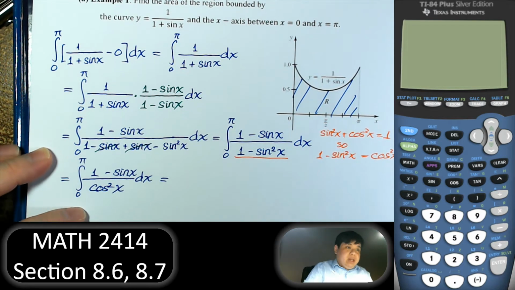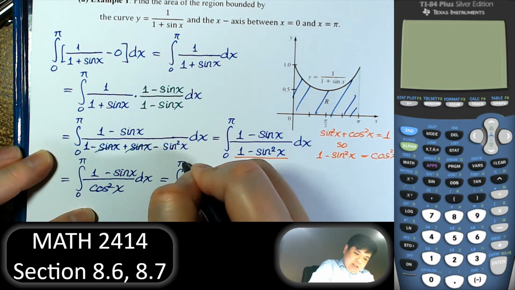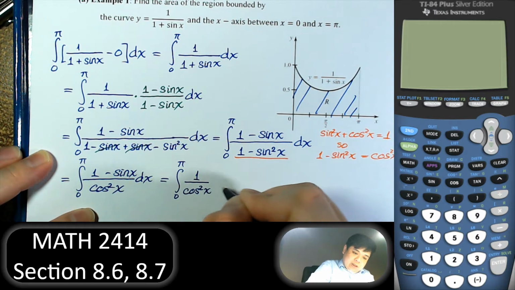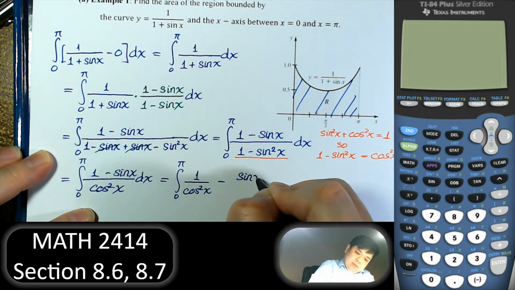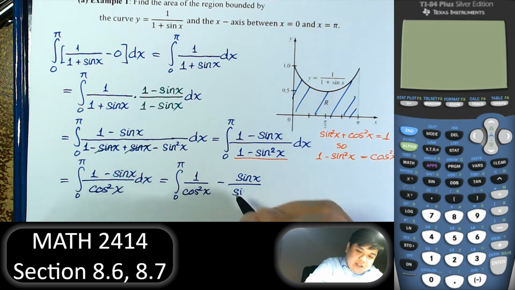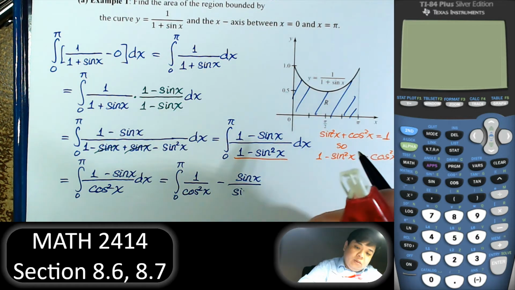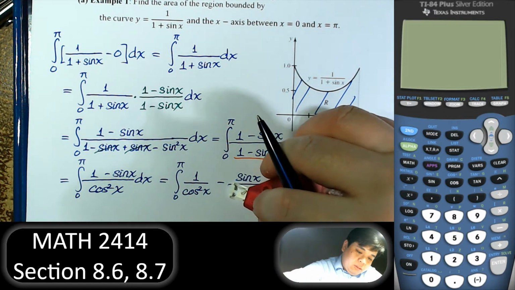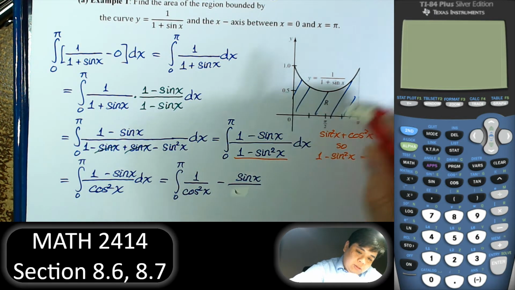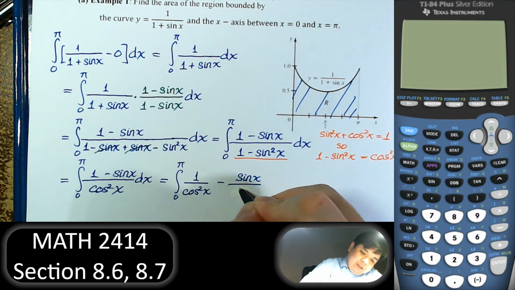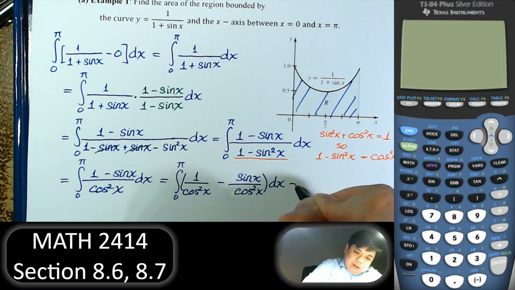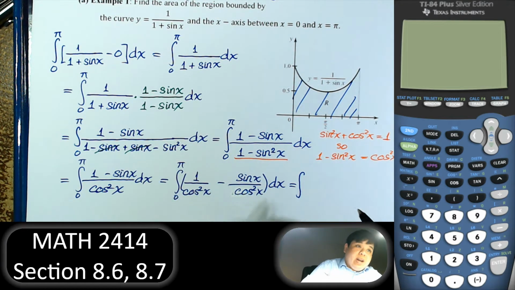And then here we can split the top. 1 over cosine square is secant square.